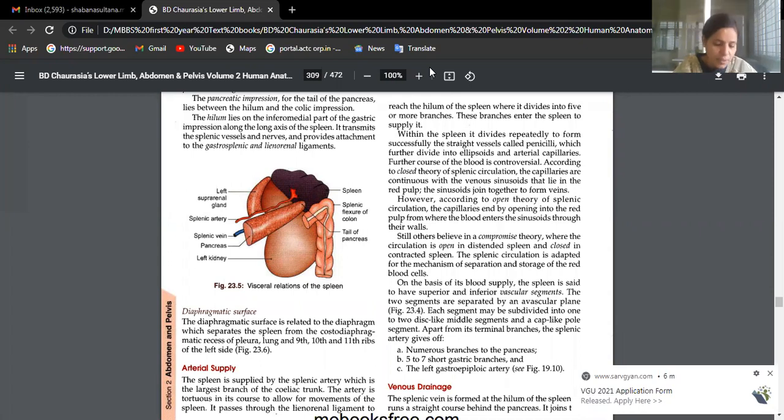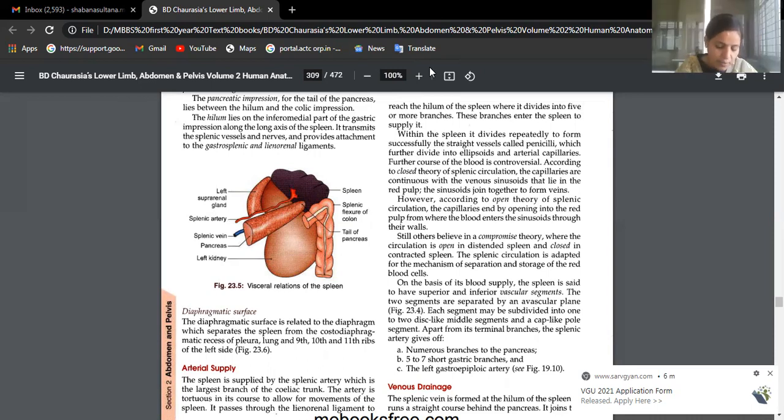Thoracic duct. Can anybody tell me about the thoracic duct? Hema? It comes from the cisterna chyli, ma'am. Cisterna chyli. Very good.